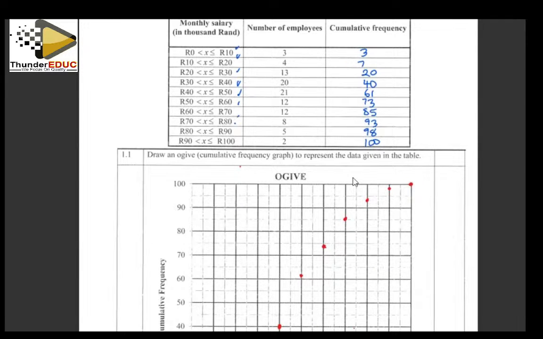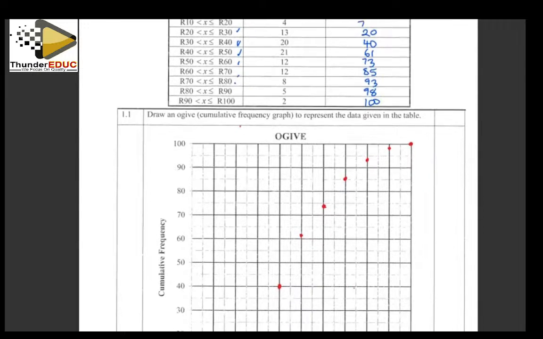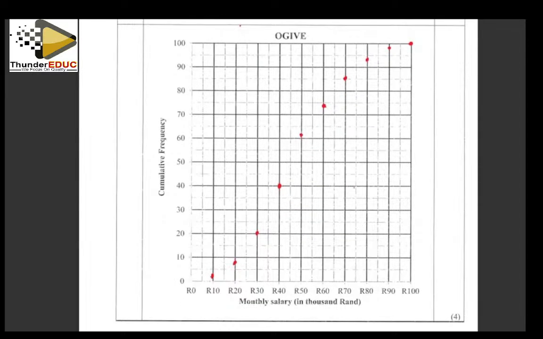Then from there, what we can do is just connect the dots so that we get the S kind of graph. Let me just connect it once.